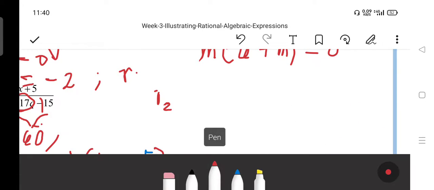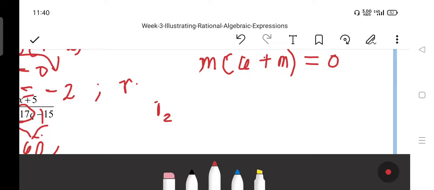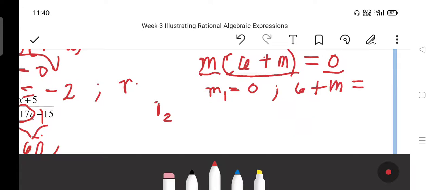Okay, and equate each factor to 0. So we have the outside factor m equal to 0, so m sub 1 is equal to 0. And the other factor, 6 plus m equal to 0.